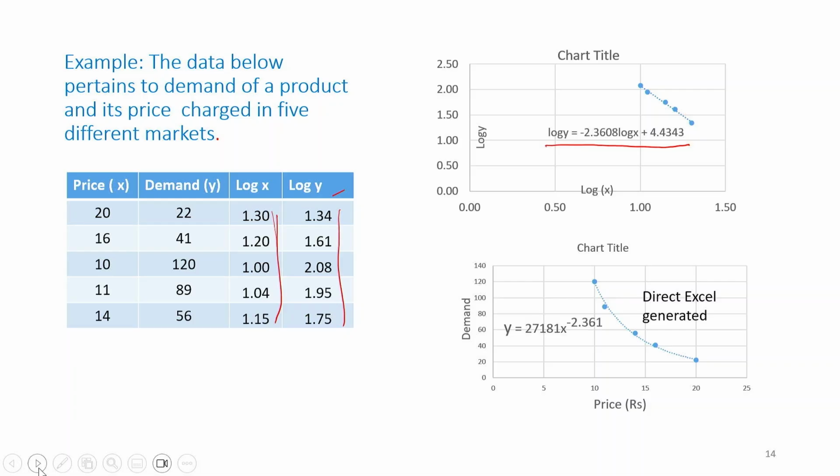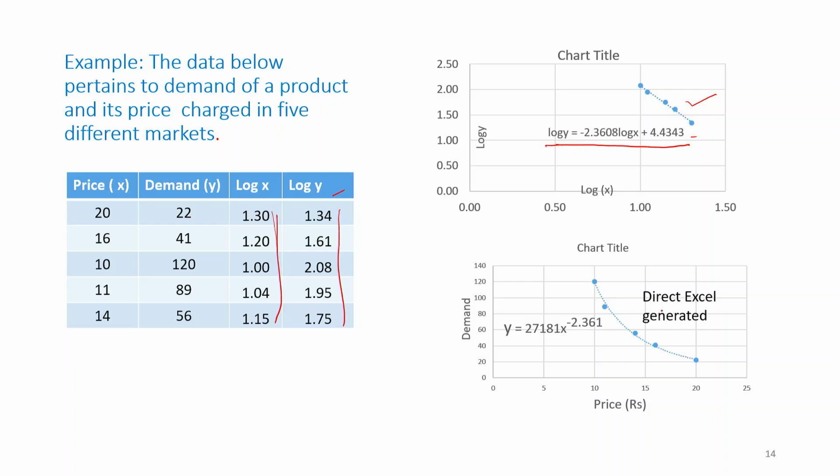So this is what we have drawn in this case using Excel. When I transform the data and use it in Excel, this is the equation I get, and you see the straight line fits it well.